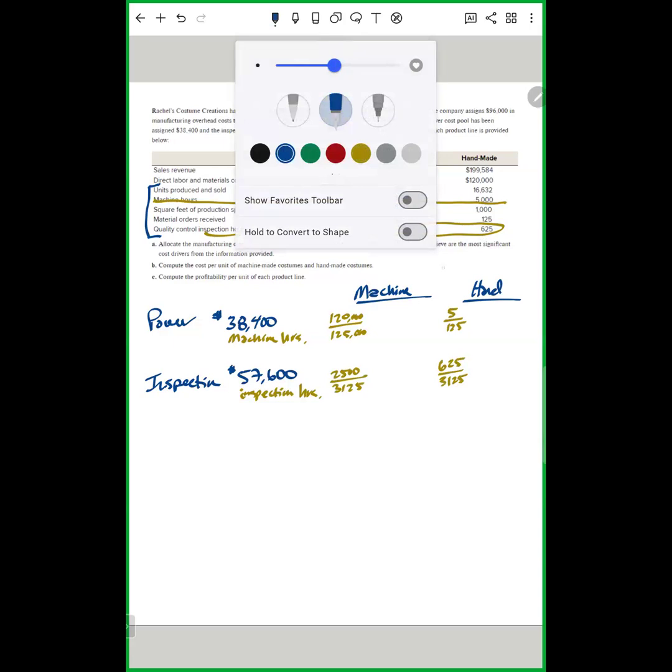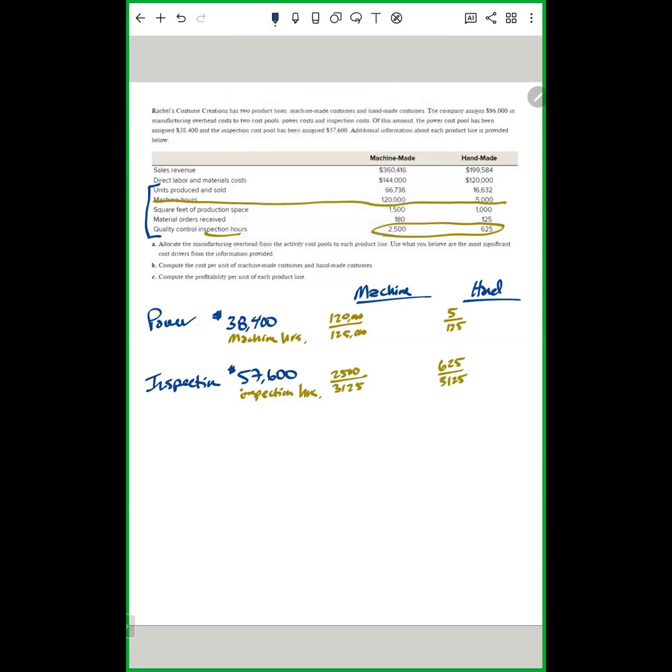All right. So now what we're going to do is take the 38,400 times the 120 divided by 125. Hold on. I didn't do that right. Let me start over. 38,400 times 120 divided by 125. And I get $36,864.